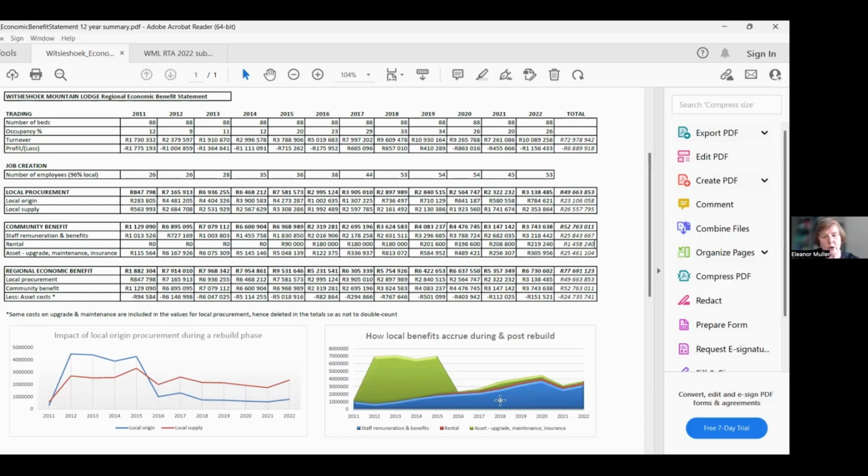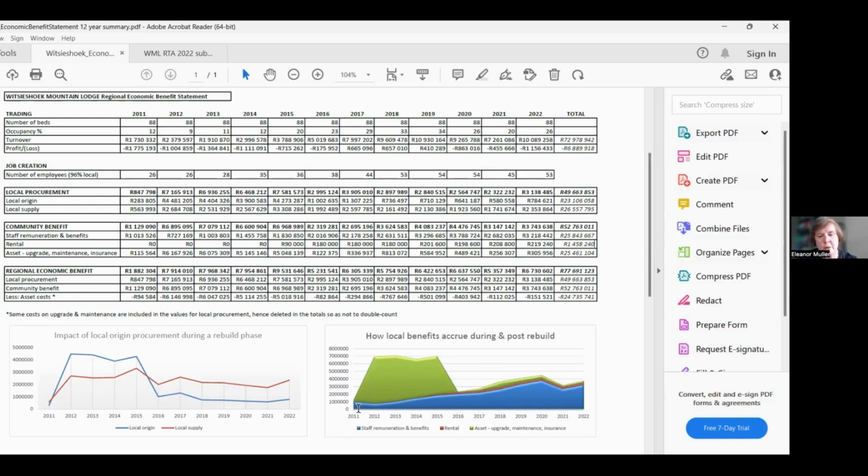If you look at the graph that has the green and the blue in it, which goes from 2011 through to 2022, that large green value of asset development is the local benefits that accrued during the period of revamping the lodge, where we were able to ensure that local artisans were used to do as much as possible at the lodge and a lot more than gets done traditionally in South African developments. So, for example, the furniture was made by a local cabinet maker, the curtains were sewn by local seamstresses, etc.